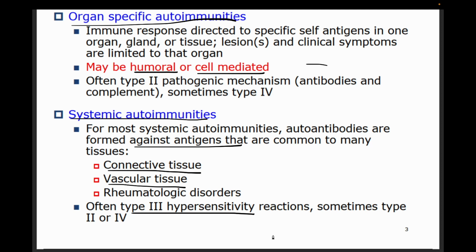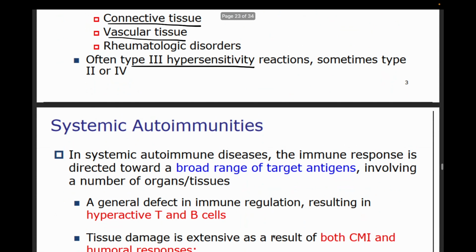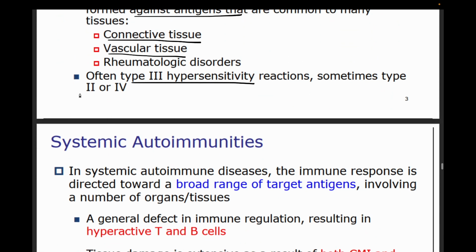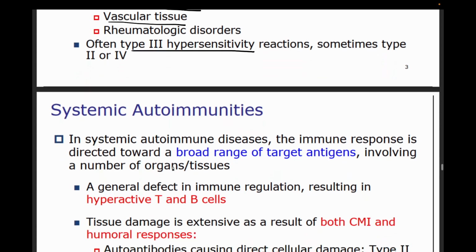And this is which disease particularly? This is systemic lupus erythematosus. تمام؟ فهي هذه الفكرة. Systemic can be type 2 or type 4 but mainly type 3.